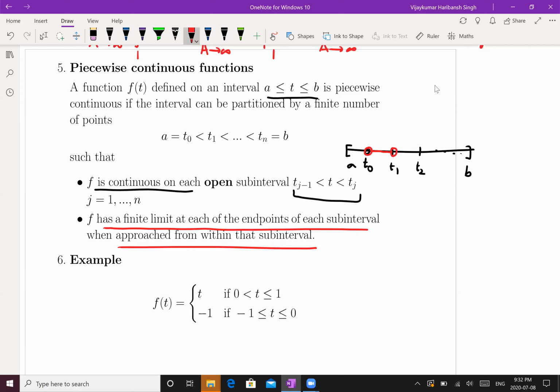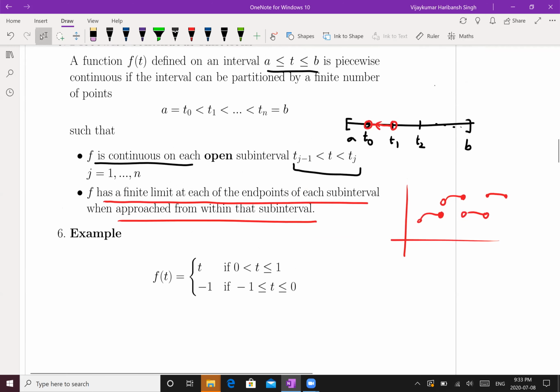That means if I approach from here, the function should have a finite limit. So an example would be somewhat of this form. This is an example of a piecewise function.